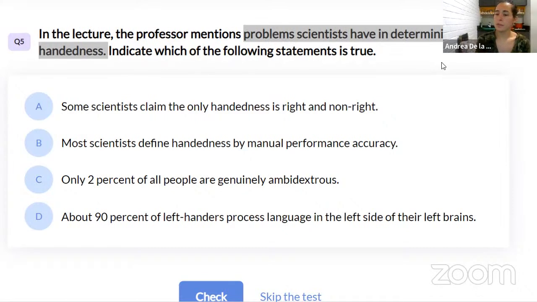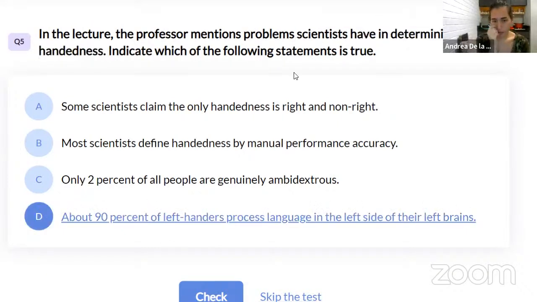Here we have one more. Evelyn says D. About 90% of left-handers. Valentina, what about you? It could be D. D, okay. And Maria Luna? Maria Luna says D. Okay, we're gonna go with D, but I don't know.